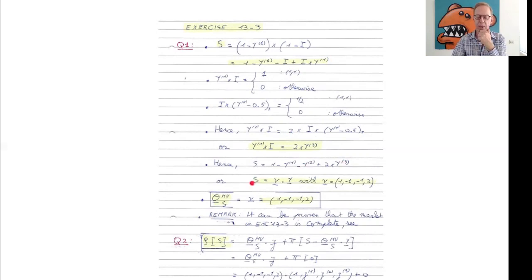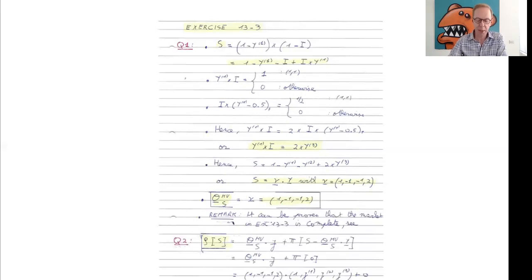Or we can write S as the time 1 value of the trading strategy u, where u is (1, -1, -1, 2). This comes, of course, from the components in this expression. So we find that the mean variance hedge of S is (1, -1, -1, 2).